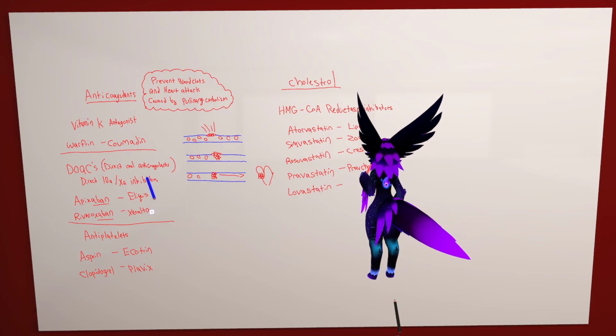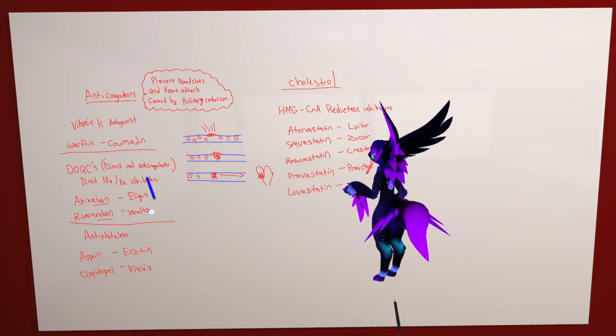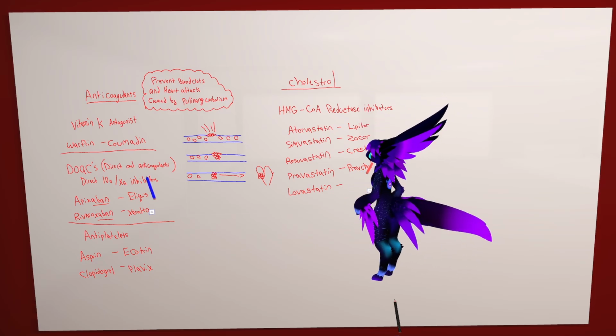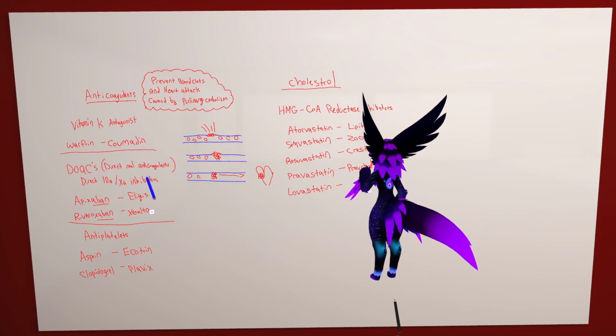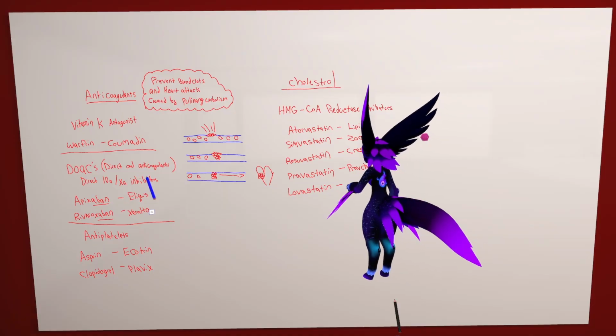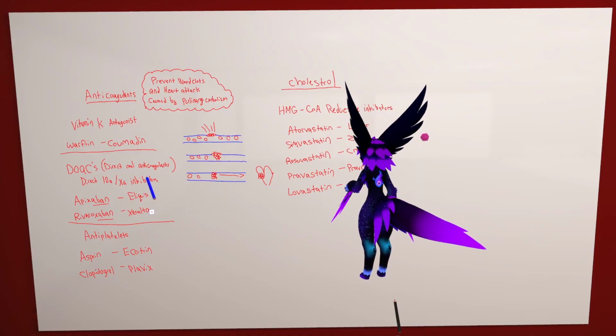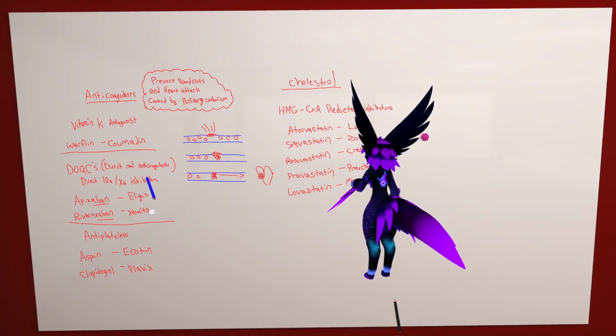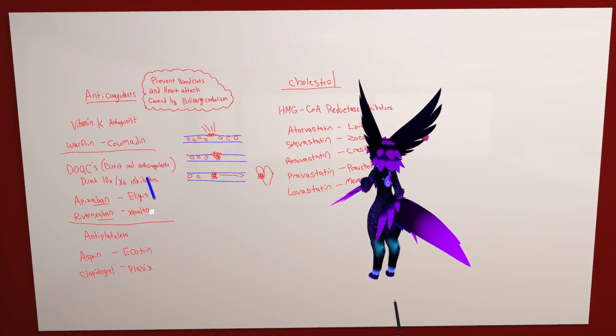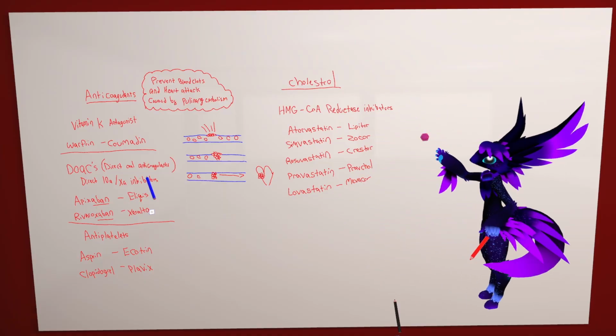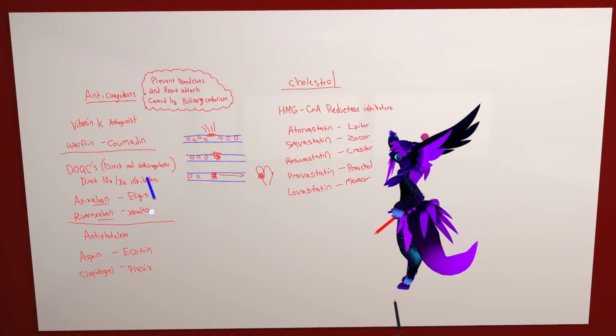And lastly, it's a dual one, so two different brands make it: Mevacor or Altoprev. We're just going to put Mevacor. So these are the brand names, and these are all of the HMG CoA reductase inhibitors.